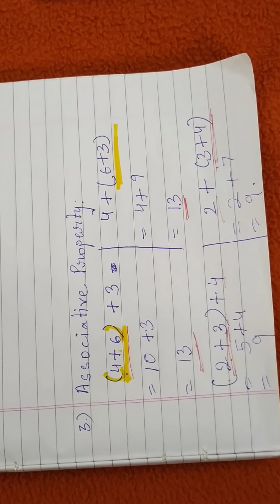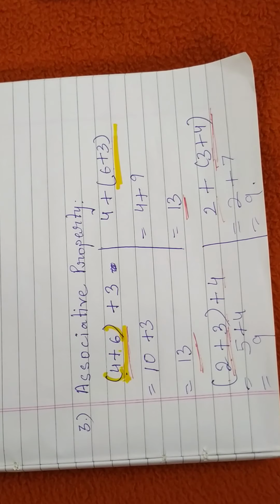Yes, now I believe commutative property and associative property are clear to you all. And the last one is identity property, where it says that if we add 0 to any number, the value of the number remains the same. Yes. Now I believe all 4 properties are clear to you.